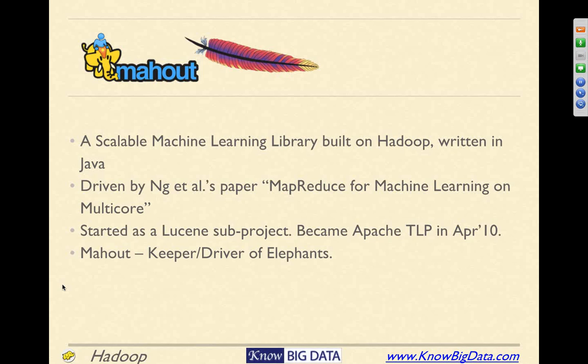Because of these inputs, this happened, and now this is 1 million records of such inputs and outputs. So please give me results: given an input, what will be the output? These machine learning libraries can help you do that. Mahout is one such library, which is basically a scalable machine learning library.